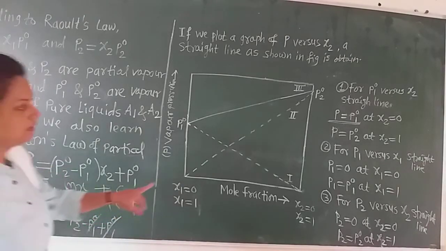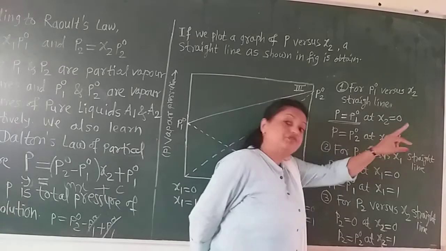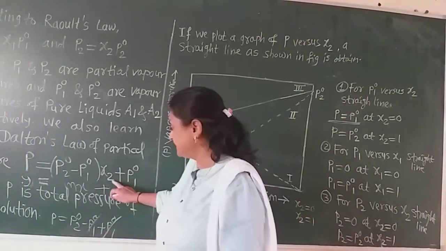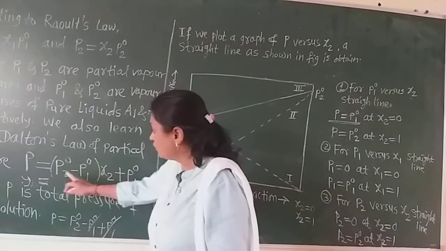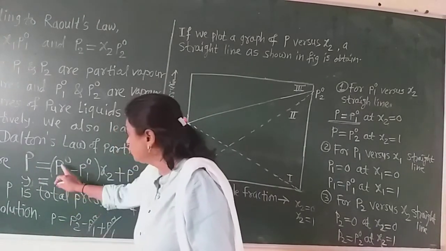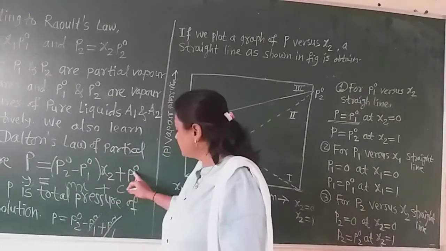So P is equal to P02 when x2 is equal to 1. If we substitute x2 equal to 1 in this equation, on multiplication by 1, P is equal to P02 minus P01 plus P01.